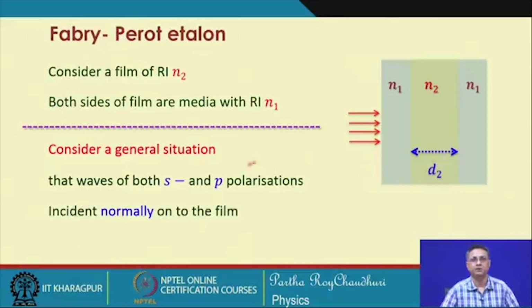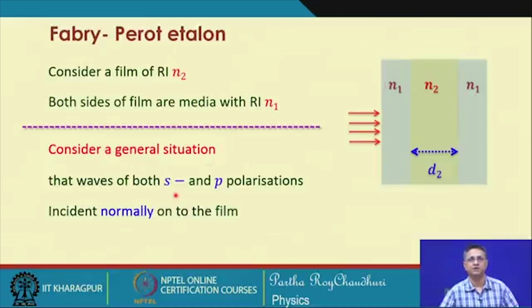Now, we will look at our old notion about this Fabry-Perot, but this time we will use this matrix equation. Consider a film, a Fabry-Perot Etalon, which has a thickness of d2 and refractive index n2, surrounded by n1 and n1.